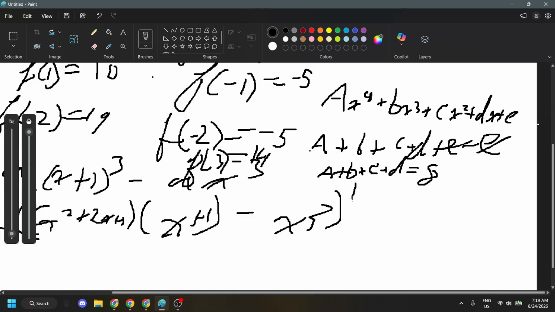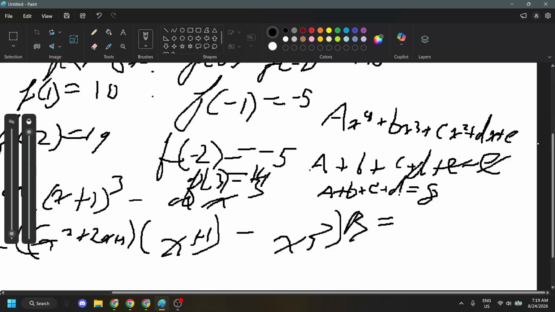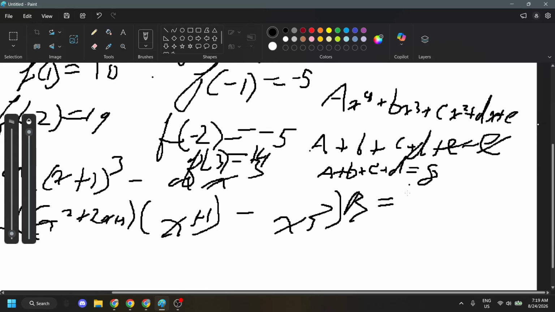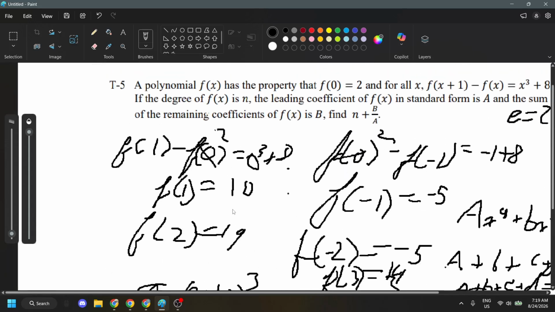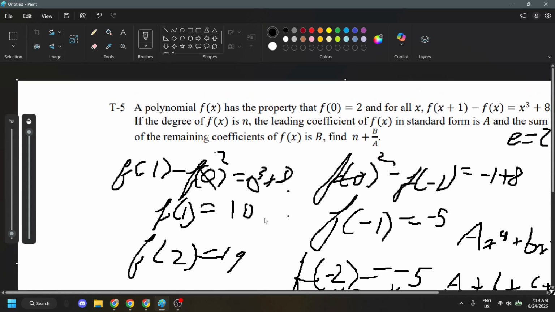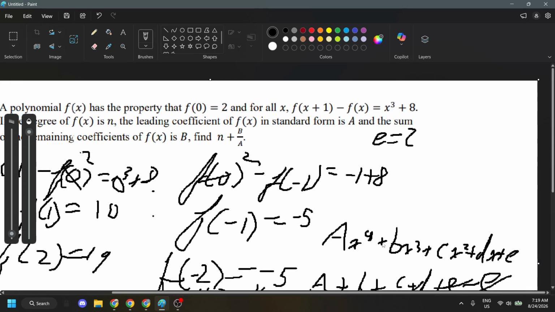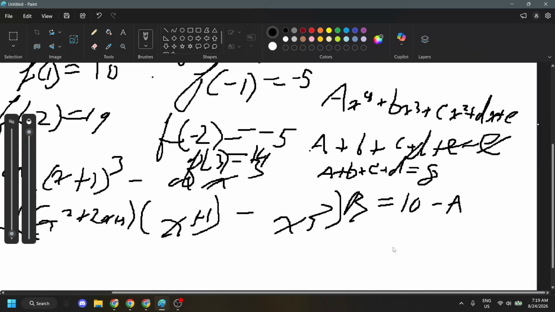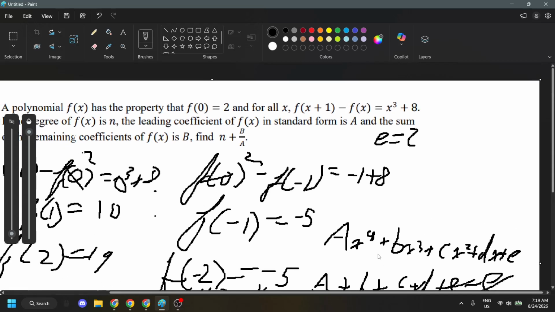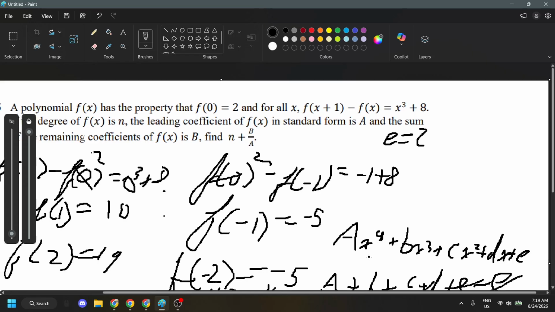But we know that capital B, which is what we need to find, is equal to, if we add 2 to both sides, 10 minus a. Now we just need to find either a or b, and then we've solved it, as long as the degree is indeed 4.